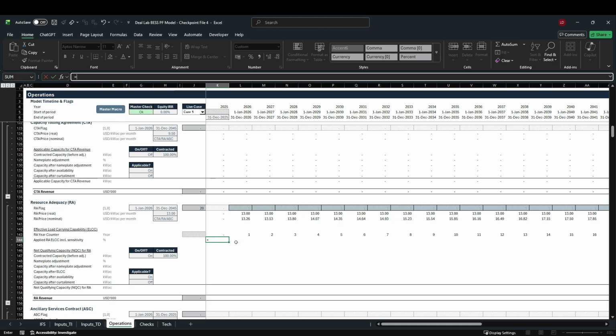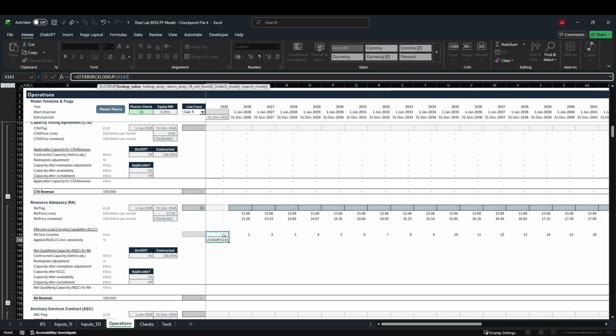But before we use the XLOOKUP, what you will notice is that our first year here is 0, and we do not have any inputs in our inputs time dependent sheet for year 0. So what we will wrap this whole XLOOKUP by is an IFERROR statement. So IFERROR, and then we will start with our XLOOKUP.